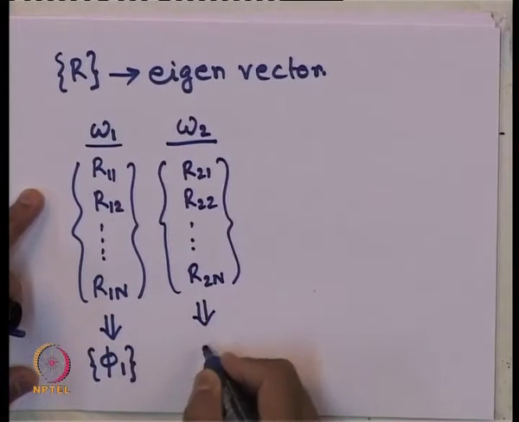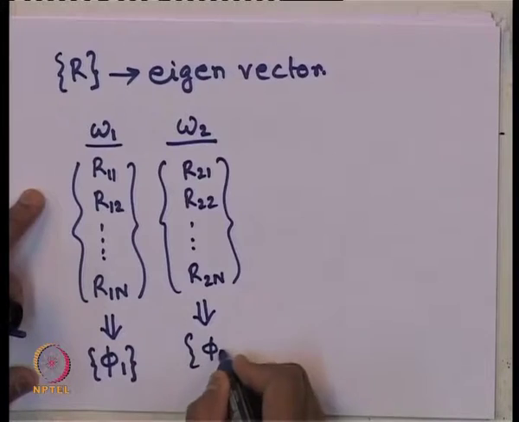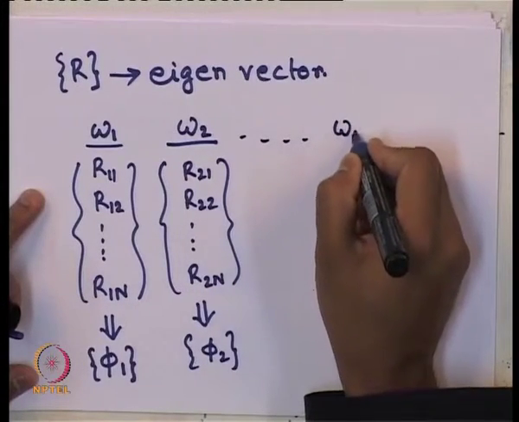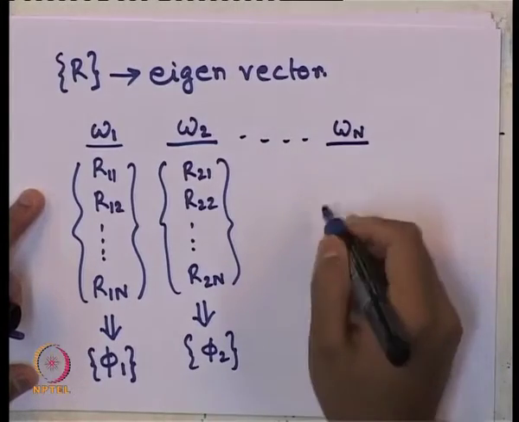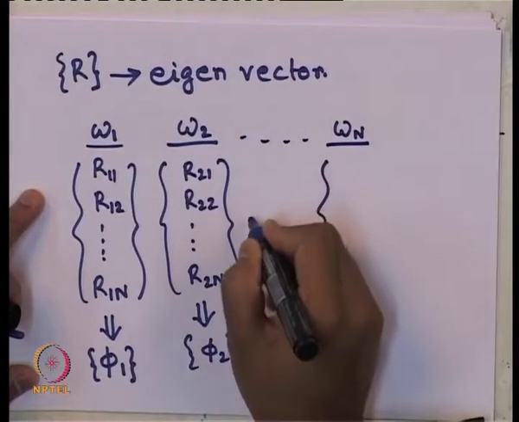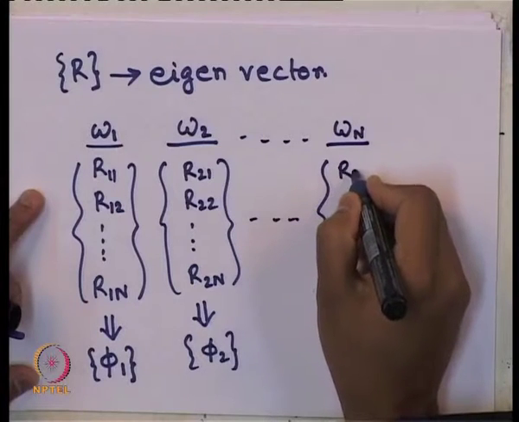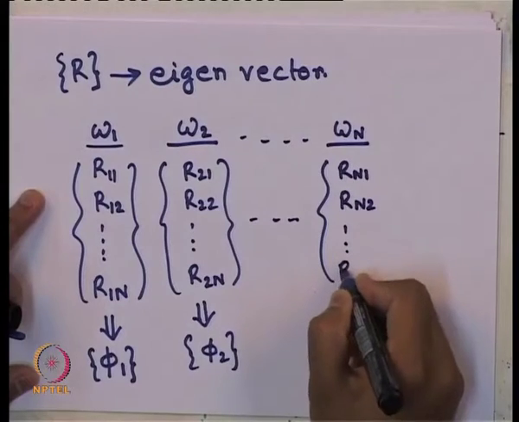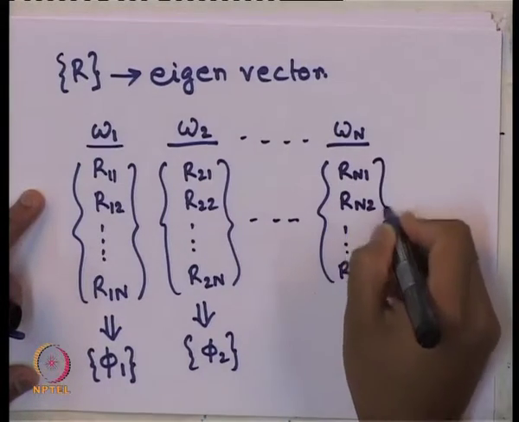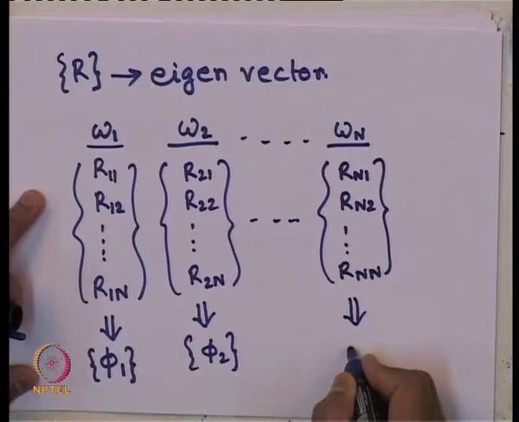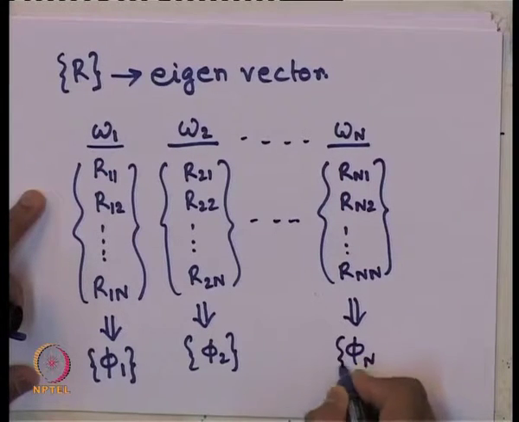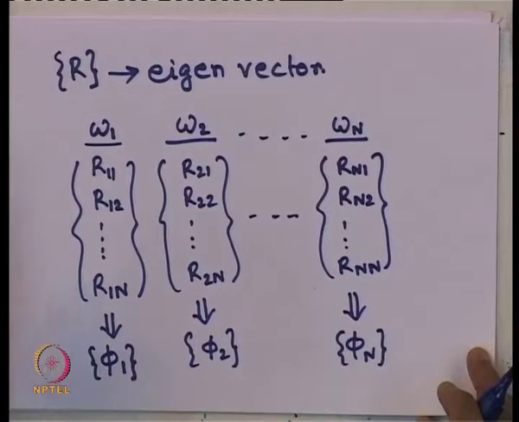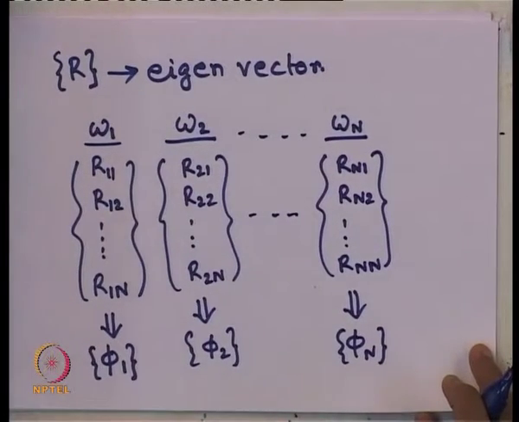which will give us phi 2. Like that, for omega n, we will get r n 1, r n 2 up to r n n, which will give us phi n. What does it mean? Now, our transformation matrix is ready.